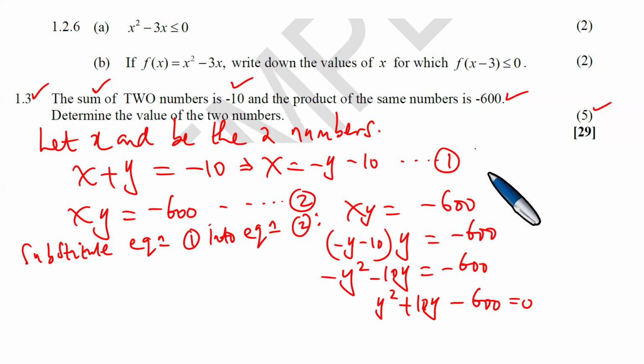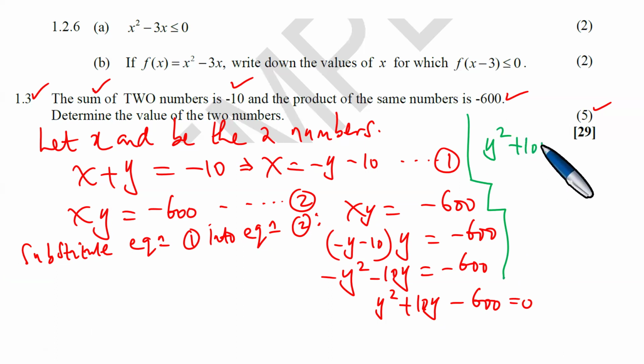We have a perfect chance to factorize this. So y squared plus 10y minus 600 equals 0, and we need to factorize this. To do that, we look for the factors. I'm not going to waste a lot of your time, but this one is easy.